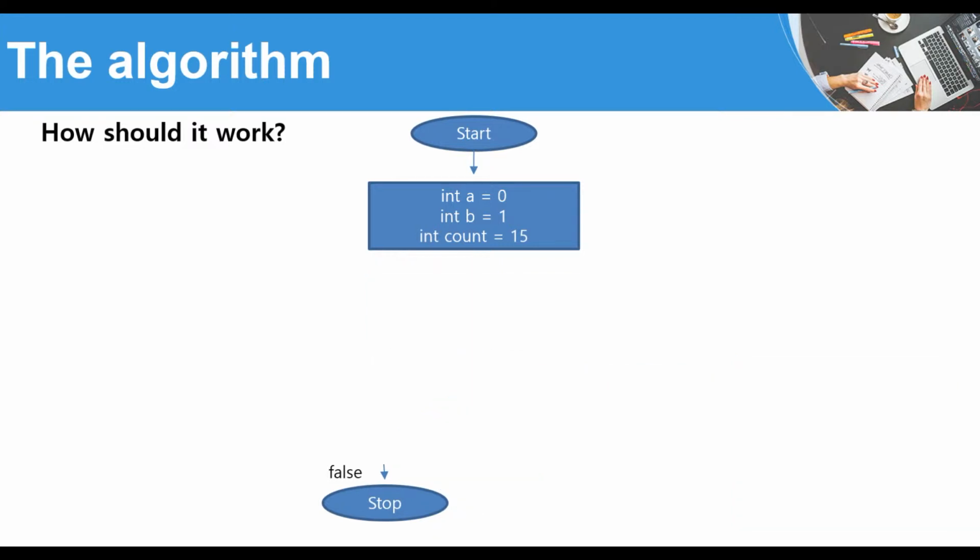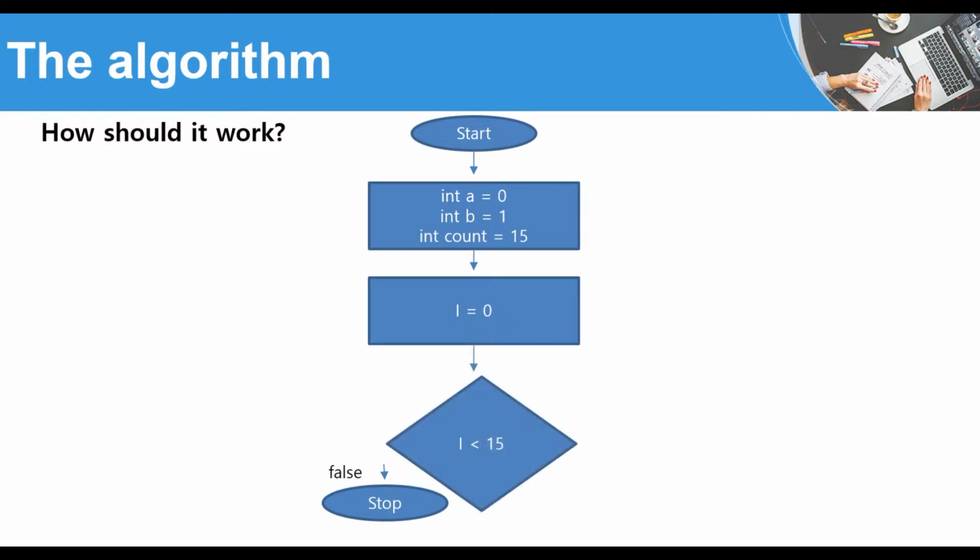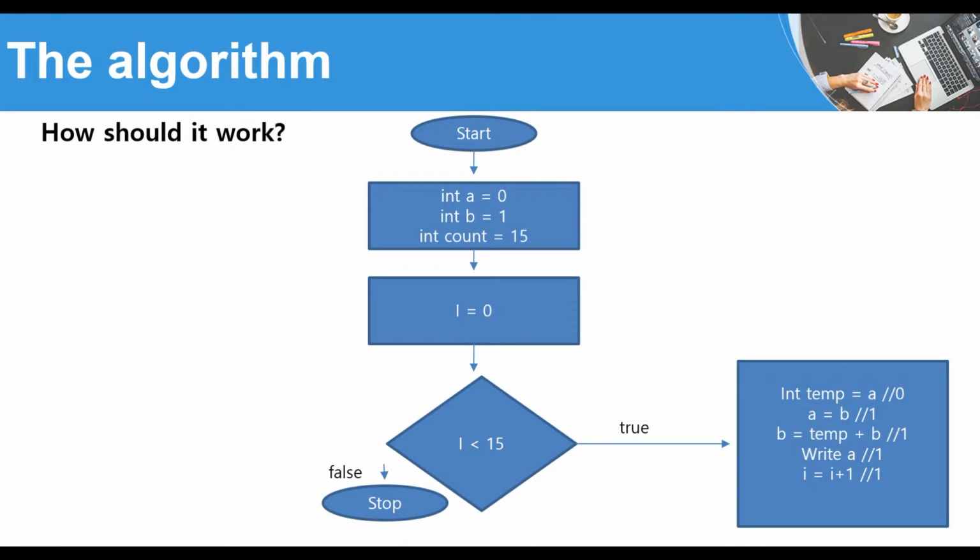So we have the starting point where we declare a and initialize it to 0, b equals 1, and the count equals 15. Now i equals 0 for the first iteration of the loop, so i is less than 15 because i equals 0. In this case, we'll perform this type of operation. So we will make this temp variable equal to a, which equals 0, so temp will be equal to 0.